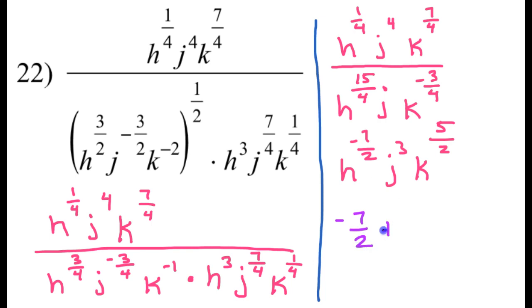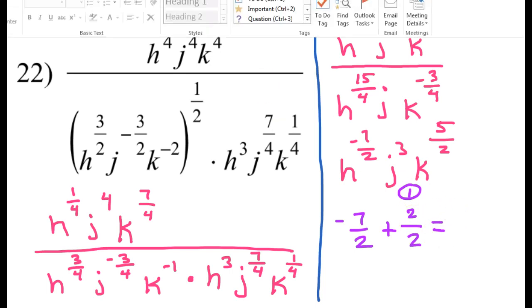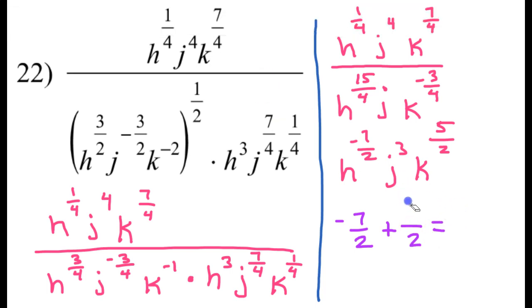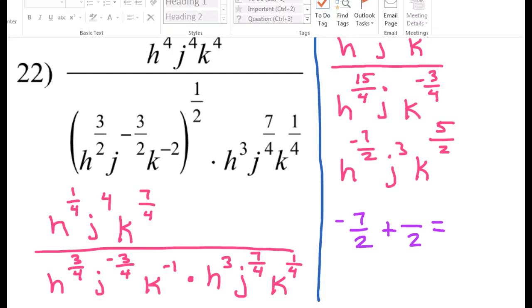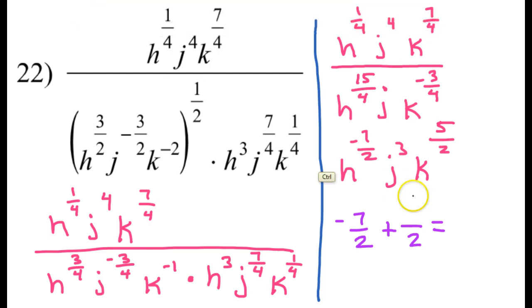I need to add a whole number to that which is going to give me a positive result. For example, I have a denominator of 2, so I'm kind of stuck with that. But I could do 2 over 2 because that has a value of 1. But that would still be negative. That would be negative 5. So that's no good. So I have to go bigger. What about 4 over 2?